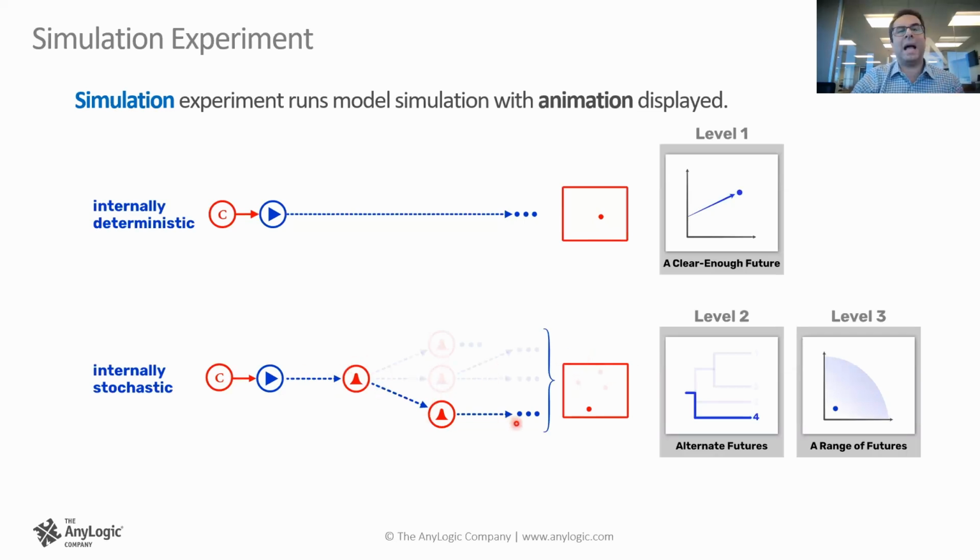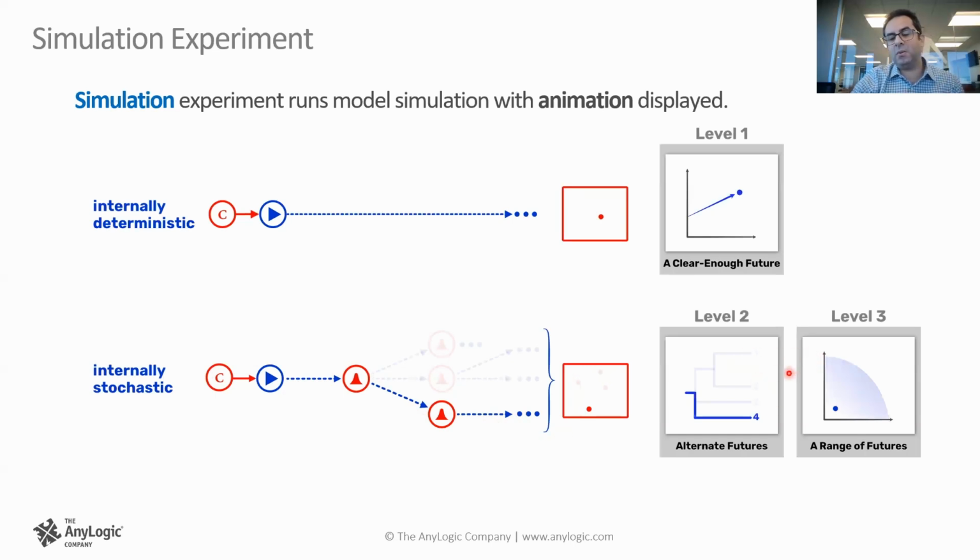One of them will actually realize at that specific run, let's say randomly, if we set it to be random. So one of them will realize, and we see one path into the future of that system. Again, there are other paths possible, but we need to run it again and again to see that. But one simulation will only show you one path.